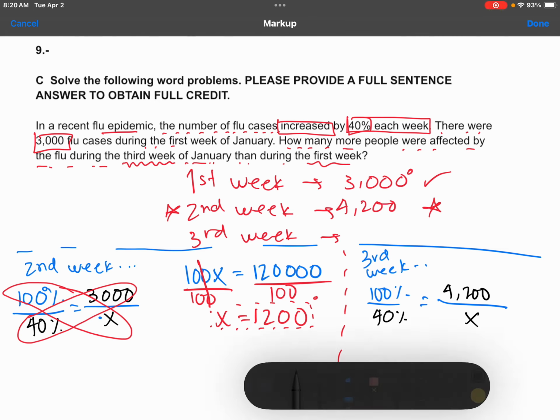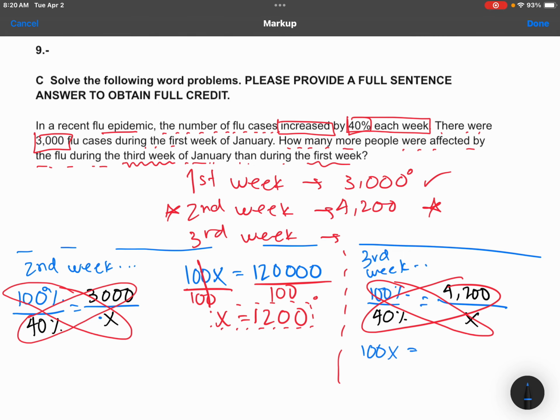Let's set up the equation: 100x equals 40 times 4,200. I'm going to pull my calculator up, and if I multiply 4,200 times 40, I get 168,000. Big numbers, don't get scared about them.